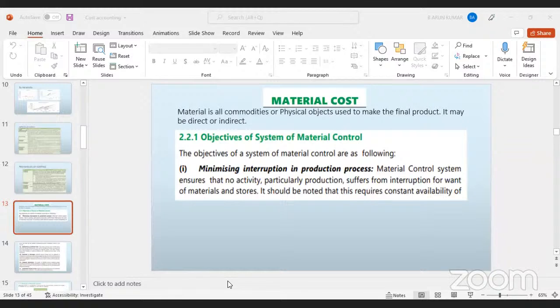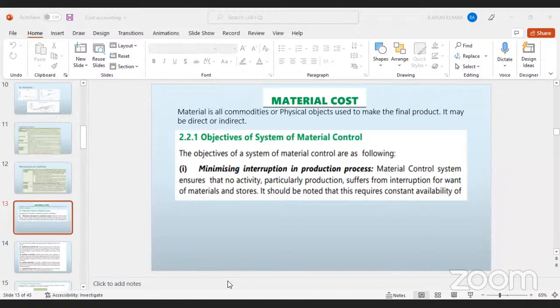Material is all commodities or physical objects. It is a visible or non-visible item relating to this material. These objects are used to make the final product. Whatever object we are using is useful or included in the final product. It may be direct or indirect.